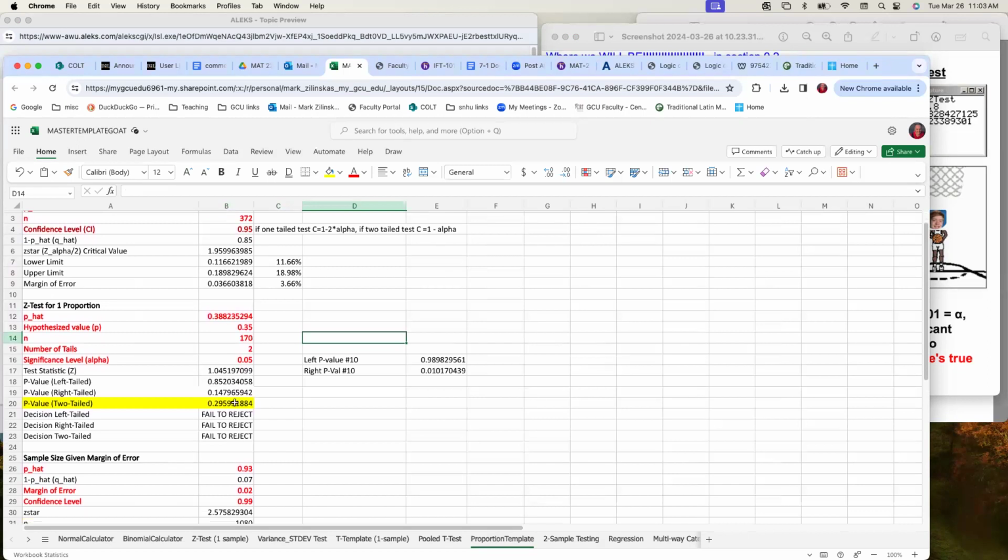So here's the Z statistic. Here is the p-value for the left tail, the right tail. And in this case, we'll see here when we type our answer in, the 0.295 for the two tail. Okay. So my p hat is going to be 0.388.